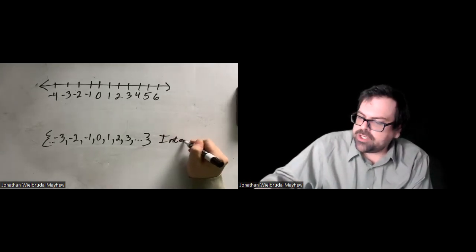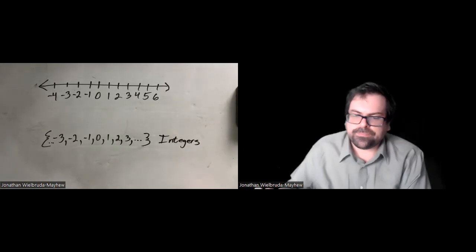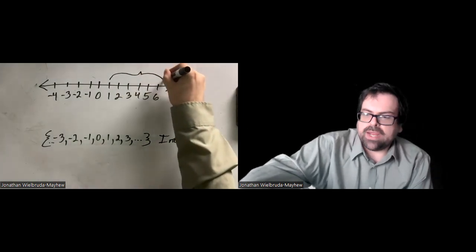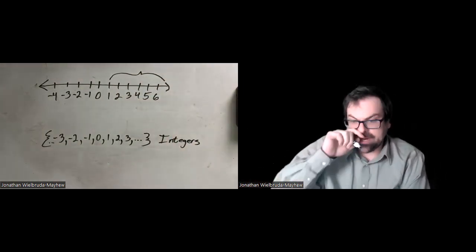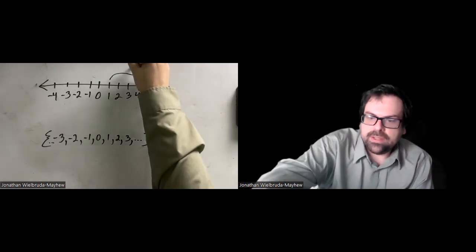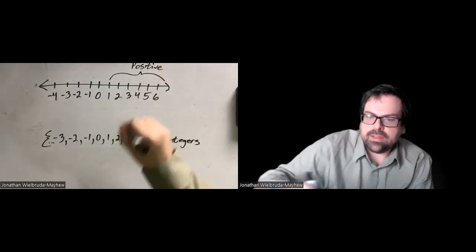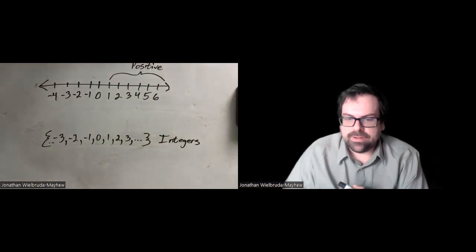This is the set of integers. The right side of the number line, things to the right of 0. These are positive.